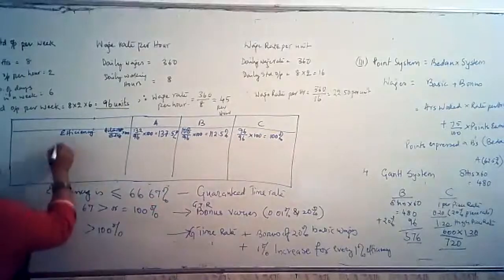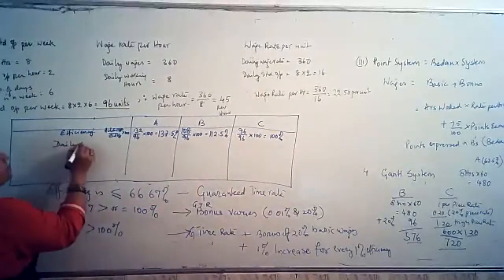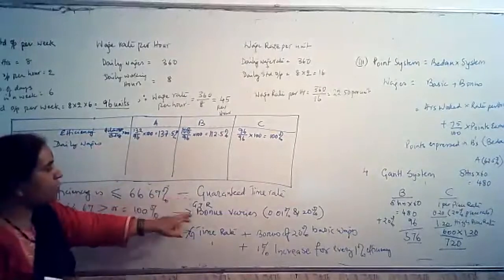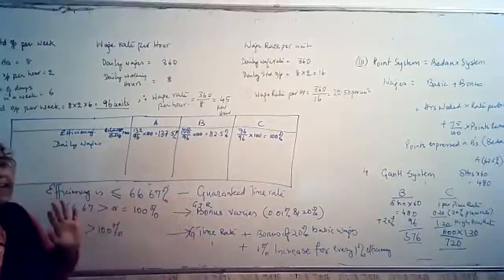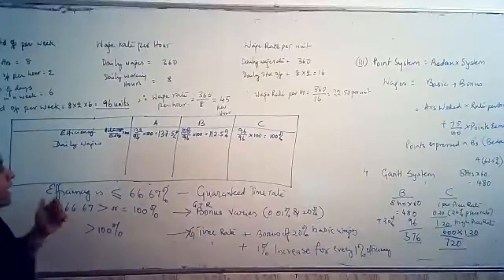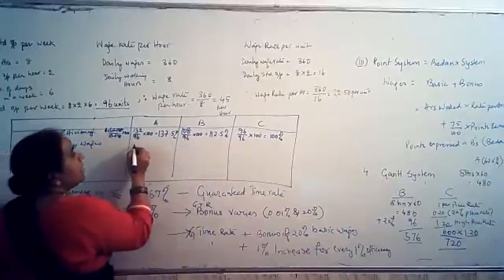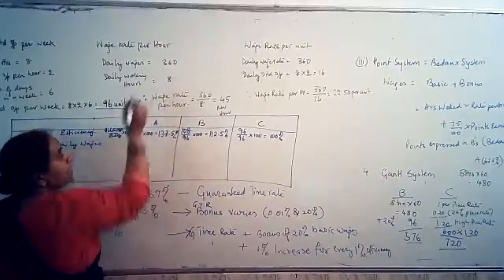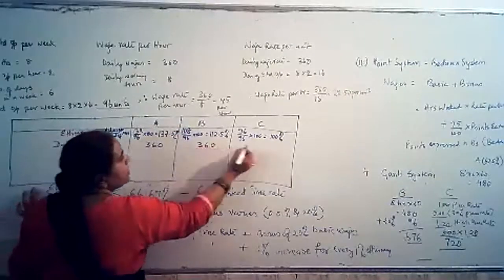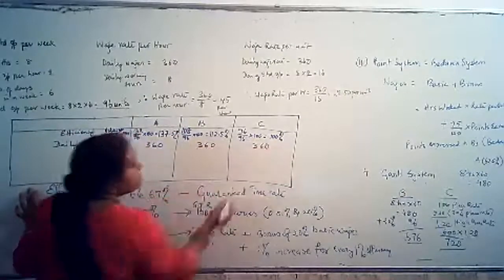The next is daily wages, how much they will earn other than the incentive. Guaranteed time rate is always there. So daily wages they will earn is 8 hours into the daily rate, which is already given, 360, 360 and 360.